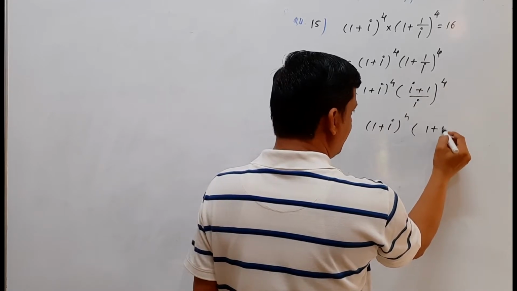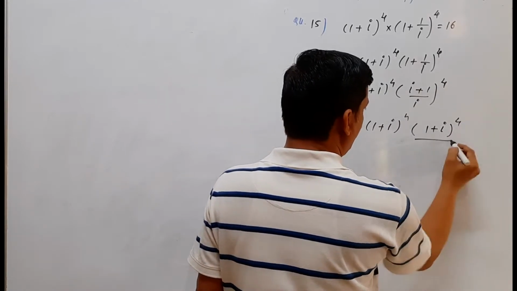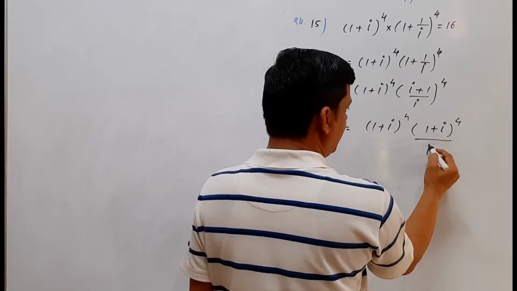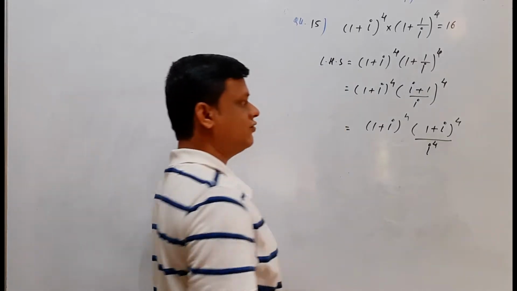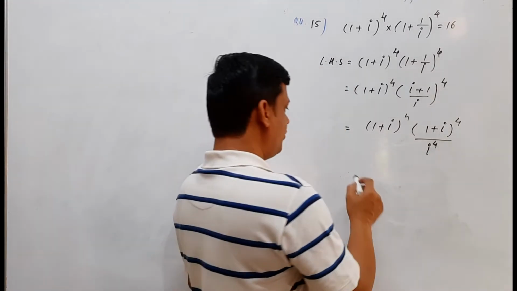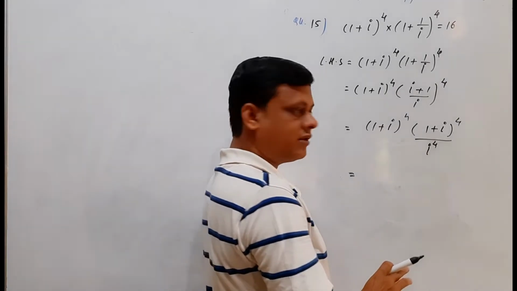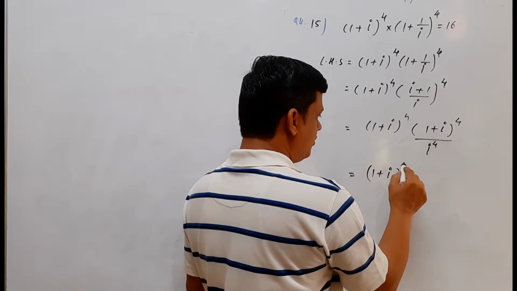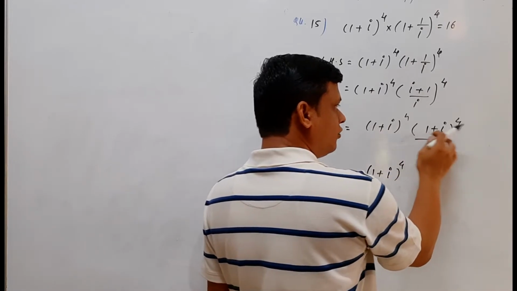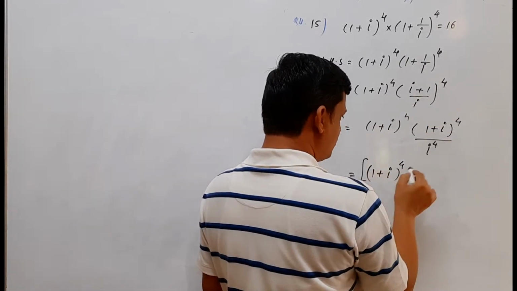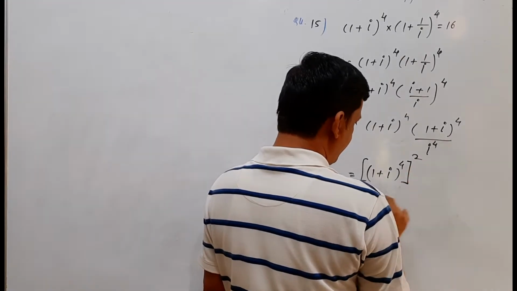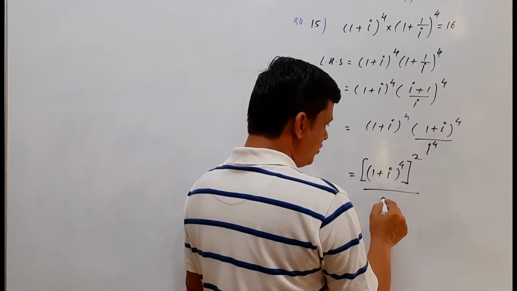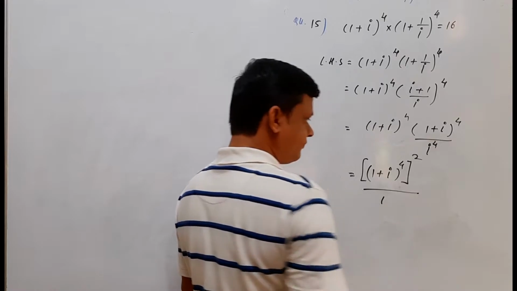So we write (1 plus i) raised to the power 4 upon this denominator, that is i raised to the power 4. Now we know that i raised to the power 4 is 1. So we get in the numerator (1 plus i) raised to the power 4 into (1 plus i) raised to the power 4, upon i raised to the power 4 as 1.